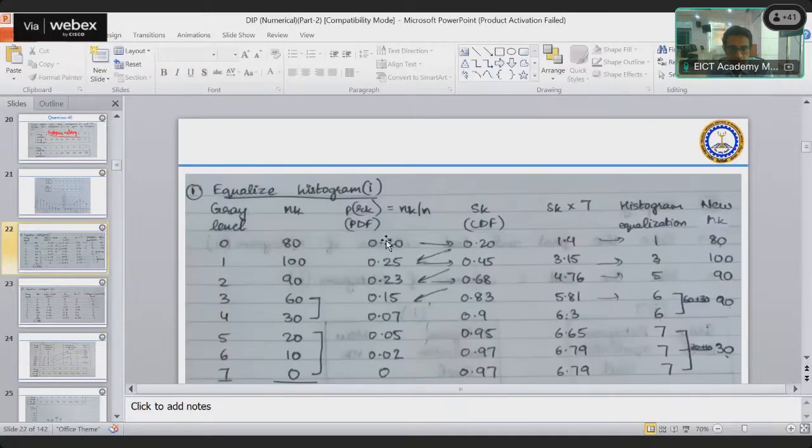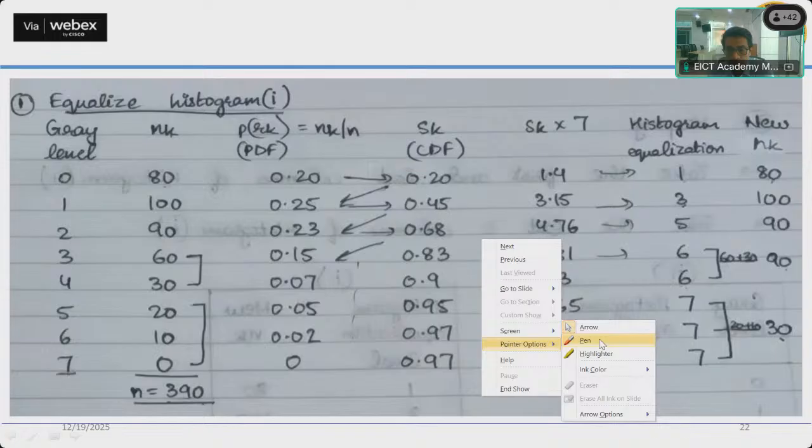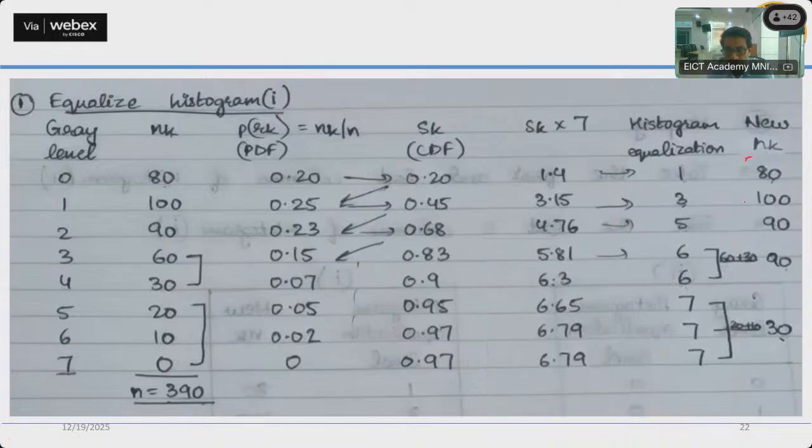So what do you need to do? First, you equalize the histogram 1, and histogram 1 basically what you have done. In histogram equalization level, you have to find out the new levels, this one. And then you have to find out the new n of k, that is this one.